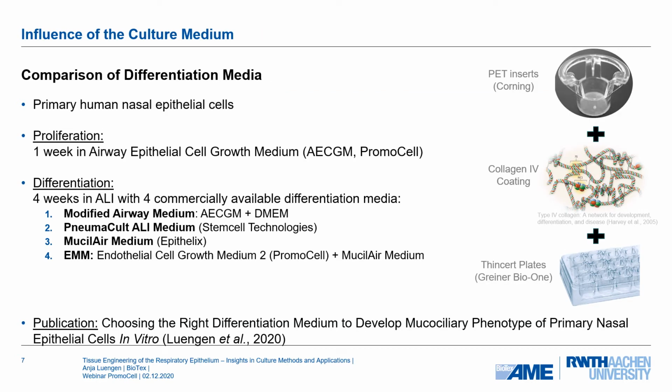In the past few years, various media for the proliferation and also the differentiation phase have emerged on the market. In our study published earlier this year, we wanted to evaluate the suitability of 4 different differentiation media to raise a mucociliary phenotype in our experimental setup, using primary human nasal epithelial cells isolated from surgical samples and used in passage 1.